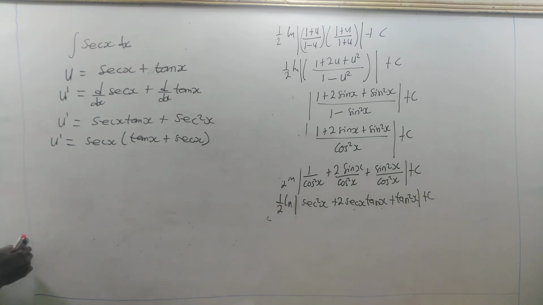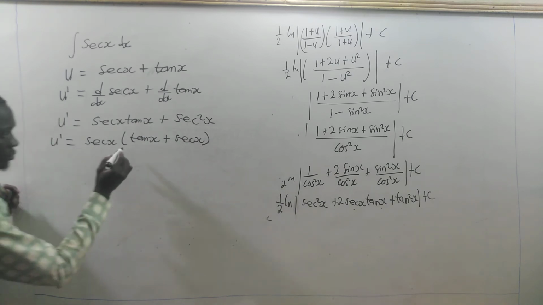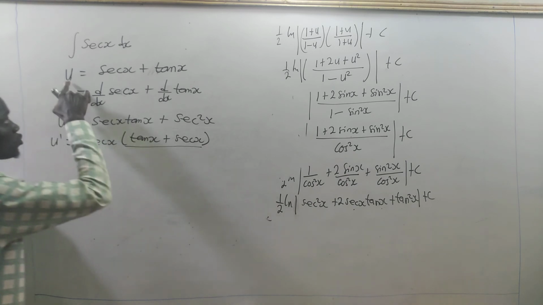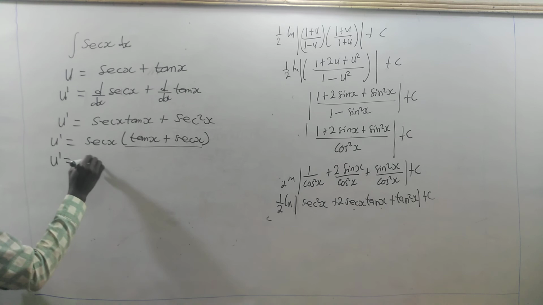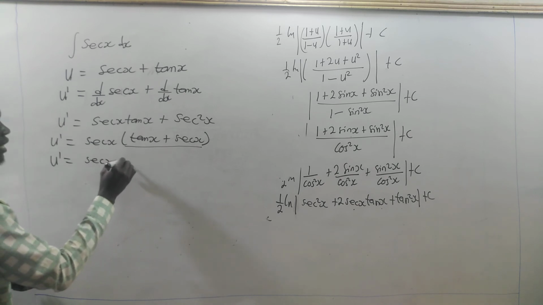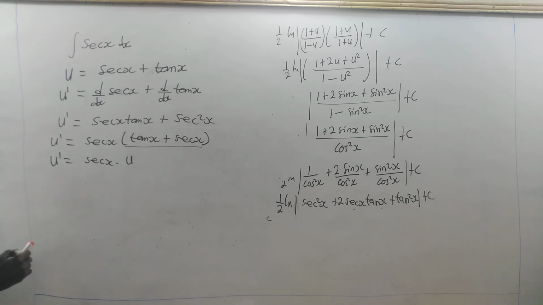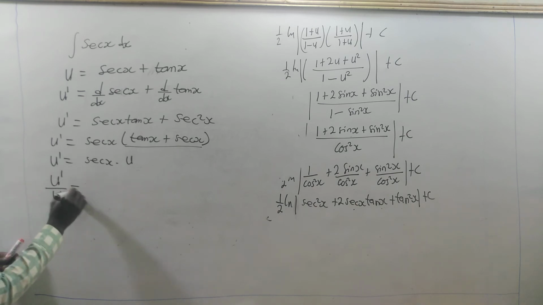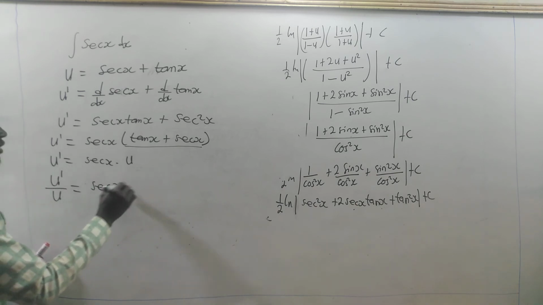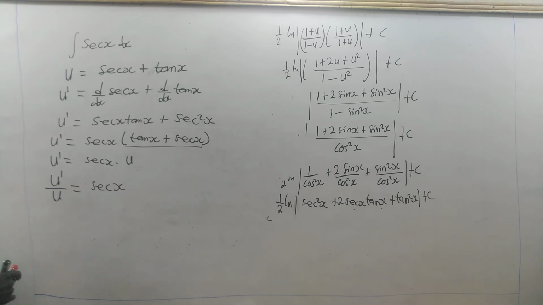Now, what do we notice, or what have we noticed? We have this equal to the u that we started with. So having u prime is equal to secant x times u. Now let's divide both sides by u. We have u prime divided by u equal to secant x. Wow. Now, watch my video on the derivative of the natural logarithmic function.